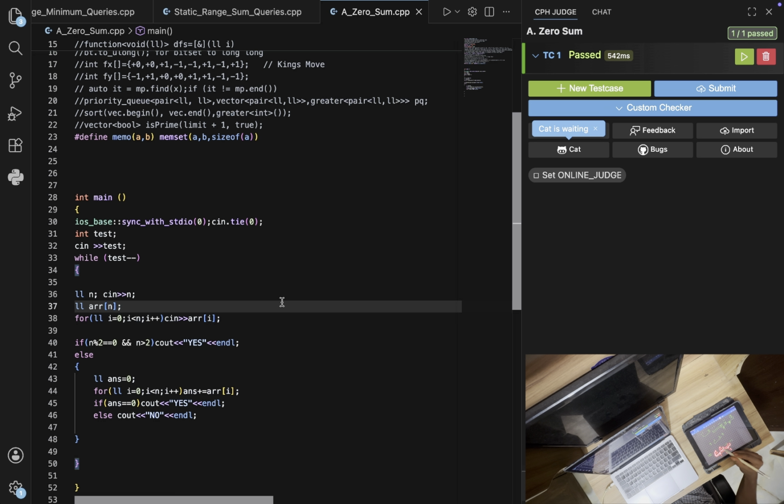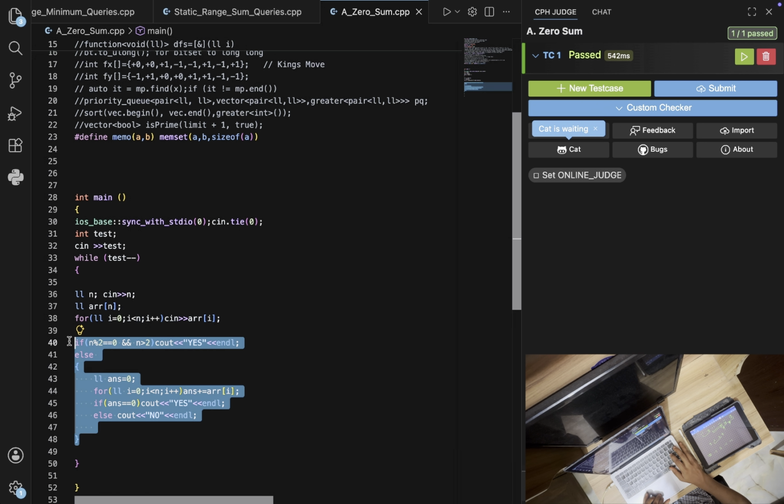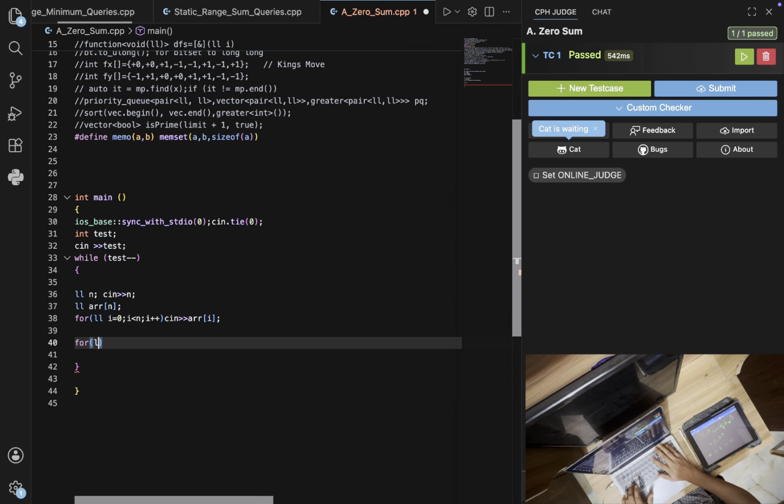Equals 1 1. Okay, so 1 1 -1, still one less. Even, yeah, it makes sense. It does make sense.